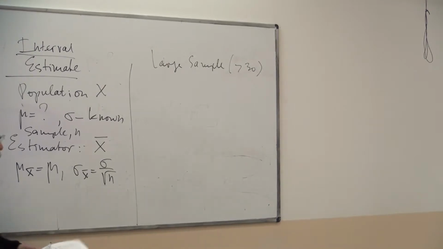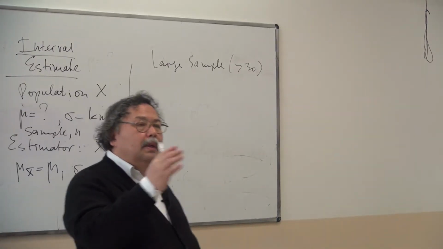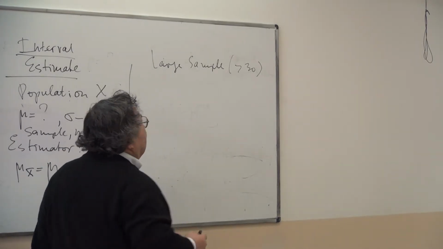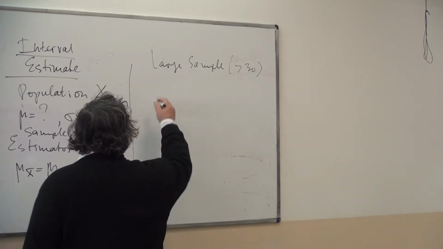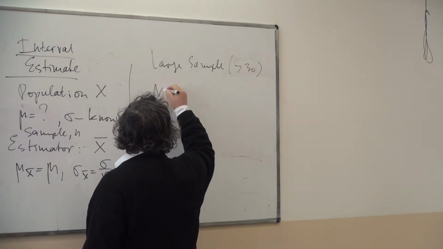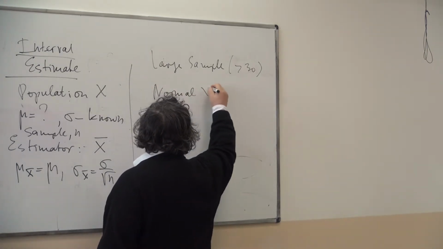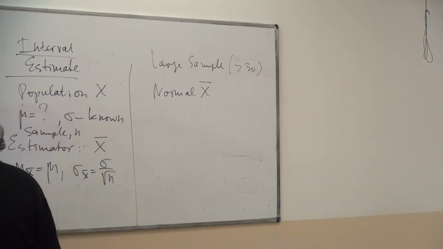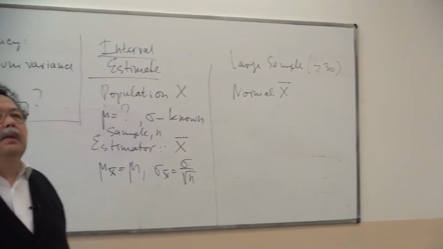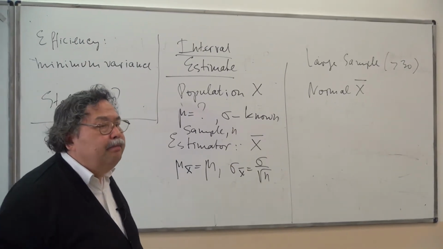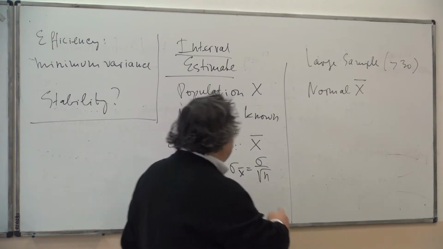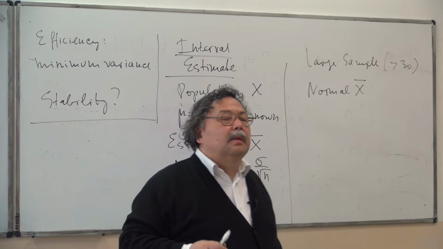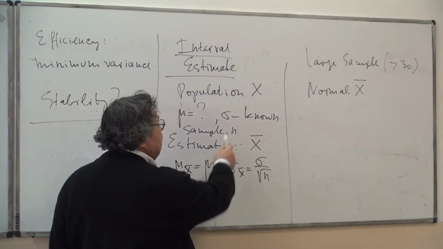Now, why is this important? Why is it important to introduce this condition, large sample? The point is this. Due to the central limit theorem, x bar is at least approximately normal when n is large.